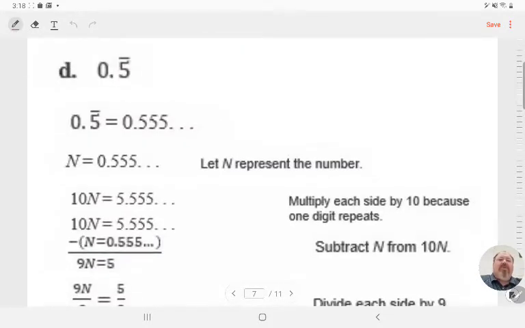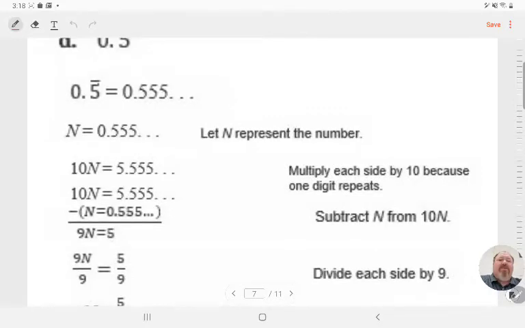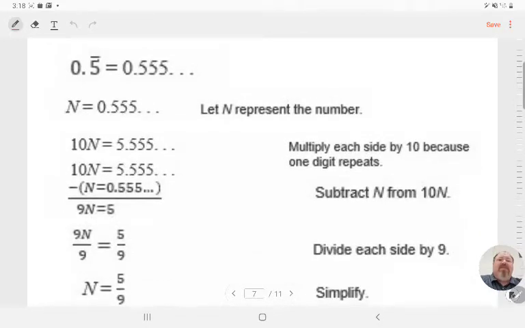We have 0.5 repeating. So that's the same as 0.555. So again, we set up our equation, n equals 0.555. Now, there's only one repeating number, so we multiply both sides by 10. When you do that, you get 10n equals 5.55 repeating. Then we go back and we take our original equation and we subtract it from that.